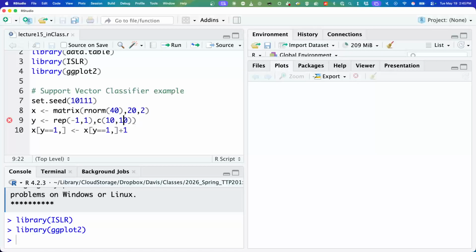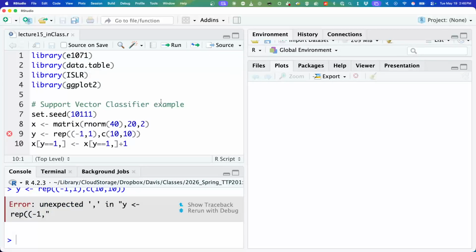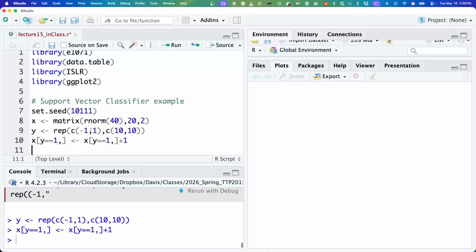Oh, I have a little mistake here. This should be like that. Oh, no. What am I doing? Rep. Oh, I need a c here. All right.